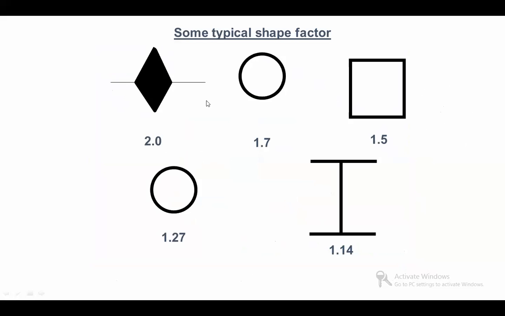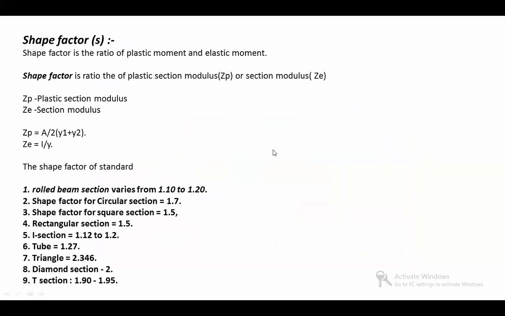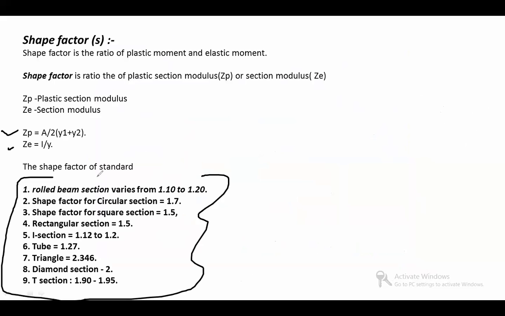So these are the values of shape factor for different cross sections. You can see here ZP, and the different sections having shape factors. Rolled steel beam section, that is nothing but the I section, is generally 1.1 to 1.3. Shape factor for the solid circular section is 1.7. For the square section, it is 1.5, similar to the rectangle.